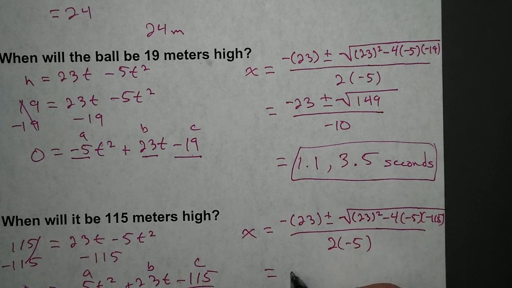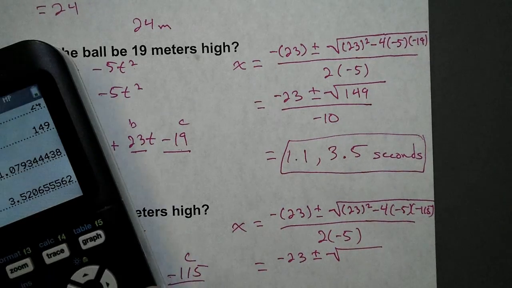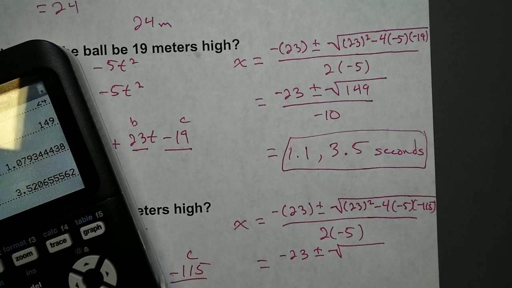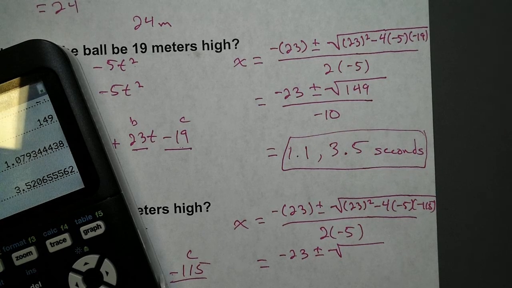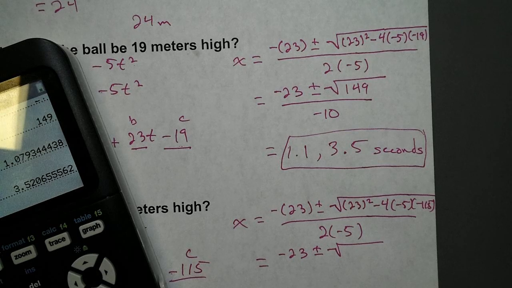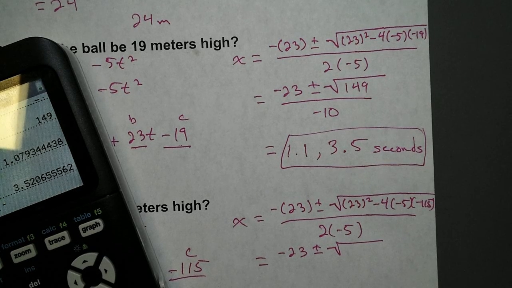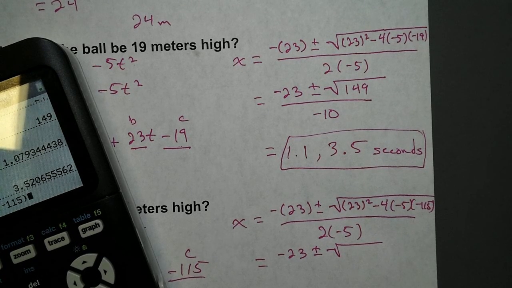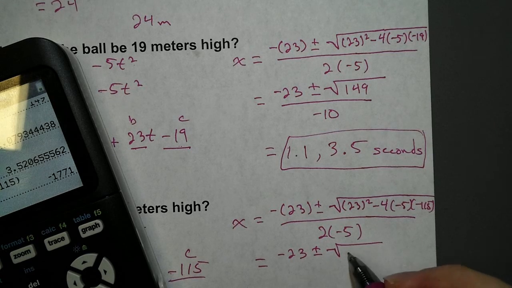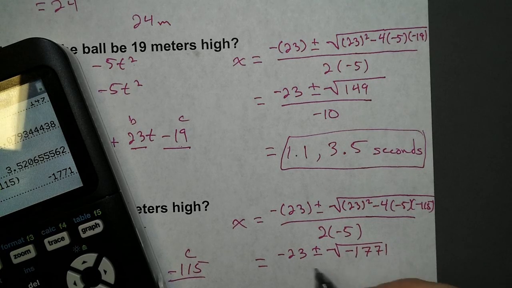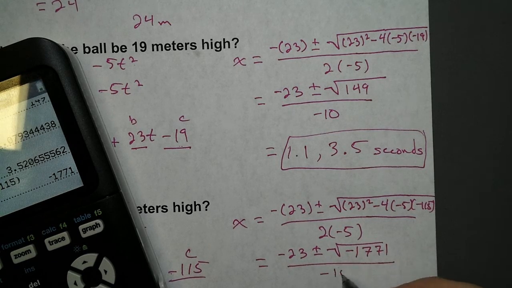Now when we simplify that down, I get negative 23 plus or minus the square root, and let's simplify inside that square root. So 23 squared minus 4, negative 5, negative 115, and I got negative 1771 over negative 10.